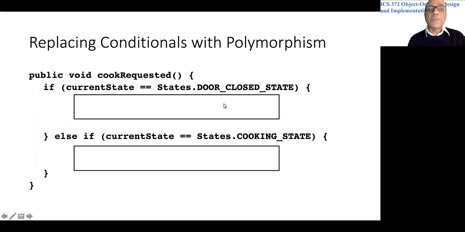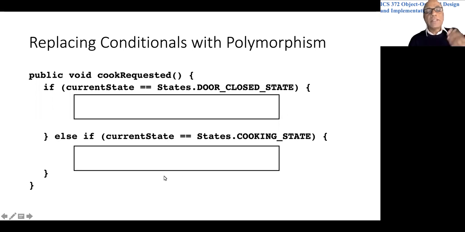So what this means is we should replace these conditionals with polymorphism, which means creating one new class per leg. So we should have a class for the door closed state, a class for the cooking state, and what is not seen here is the else part of this, which is the door open state.